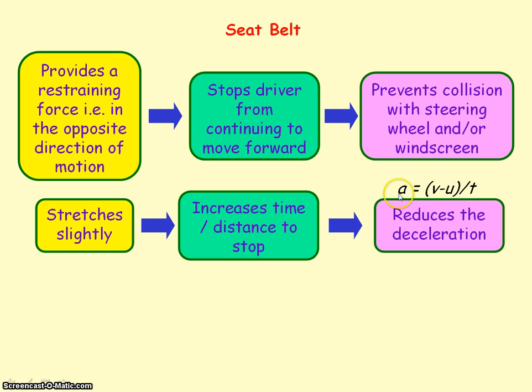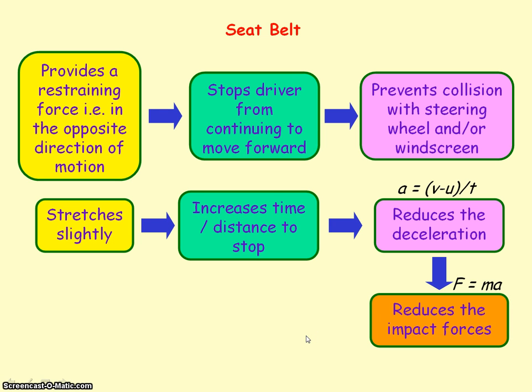So to reduce the deceleration, you need to increase the time taken to stop. And because F equals ma, the resultant force acting on the driver and passenger reduces. That means the impact forces acting on them is less, which is safer.